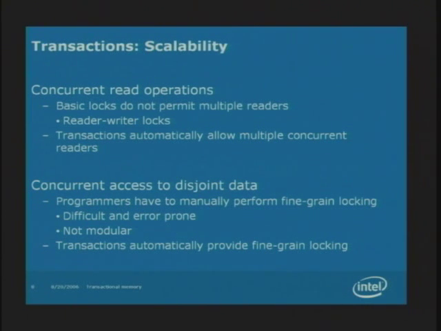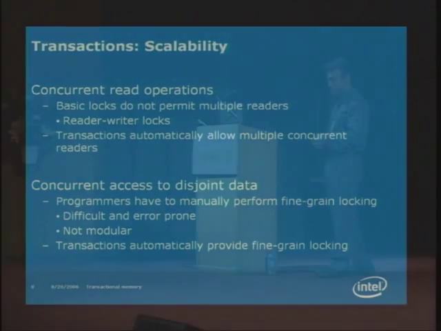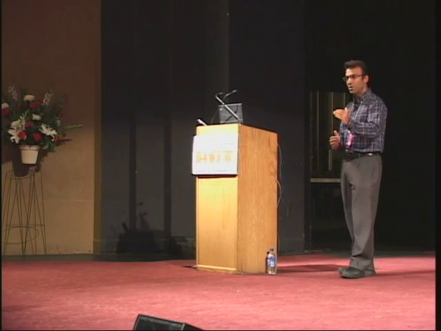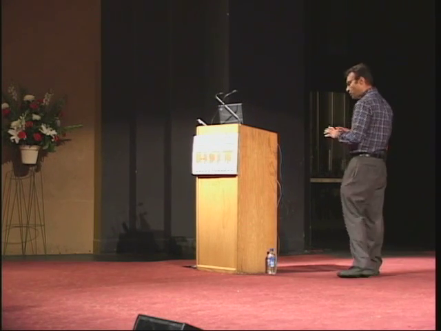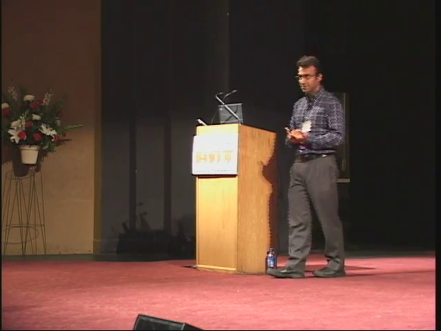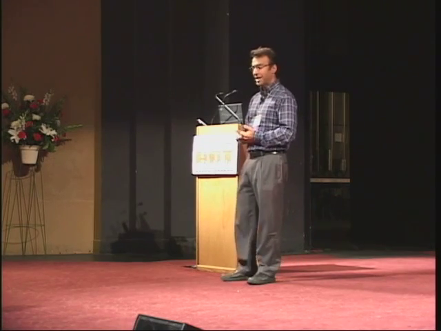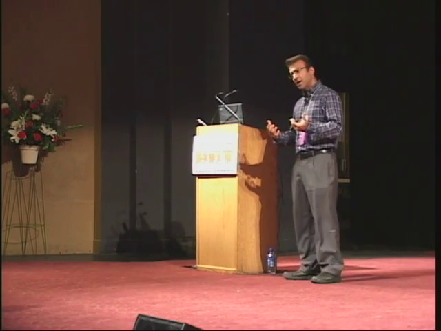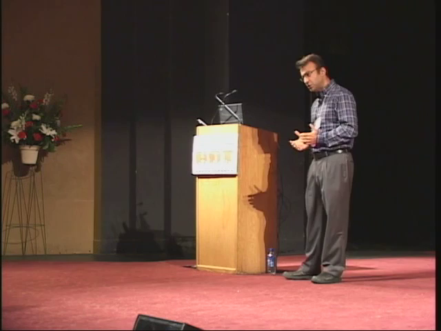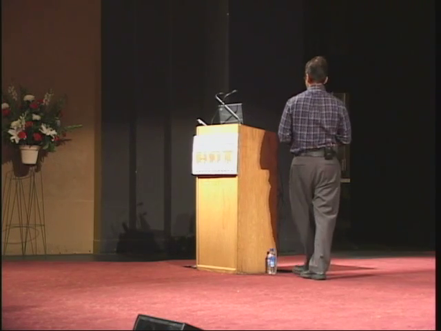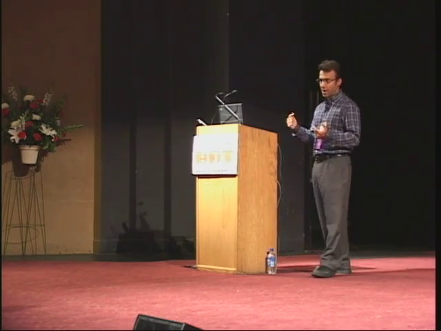Now, basic locks don't give you that kind of concurrency. With basic locks, the programmer simply says, you know what, let only one thread execute at a time. Now, there are fancier versions of locks that allow the programmer to say, well, let two readers execute this critical section at a time, but don't allow any writers.